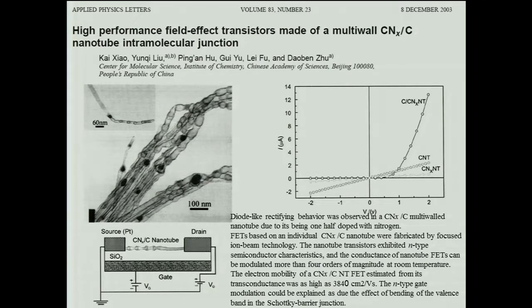So, this paper talks about transistors made of multi-wall nanotubes. Again, we found out that single wall nanotubes have issues. The main issue is whether you would be able to know if it is a semiconductor or metal. These people tried to make the transistor with multi-wall carbon nanotubes. What is the electronic property of multi-wall carbon nanotube?